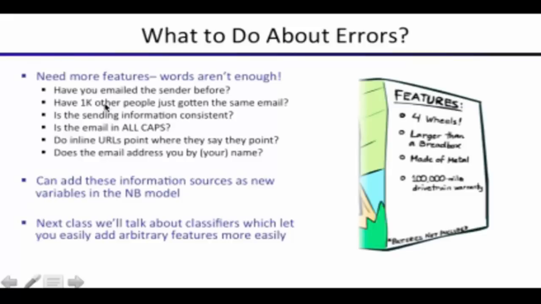Is the email all capital letters? That's maybe suspicious. Does it refer to your name? If they know your name, then you probably want to read that email, even if it's spam. So you can add all these features, and that's sort of the final piece of this.